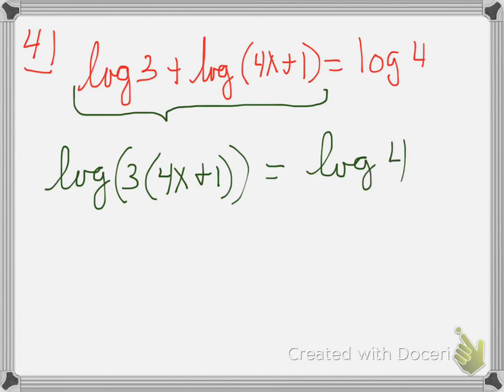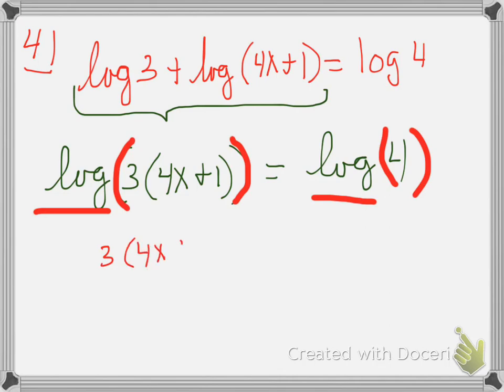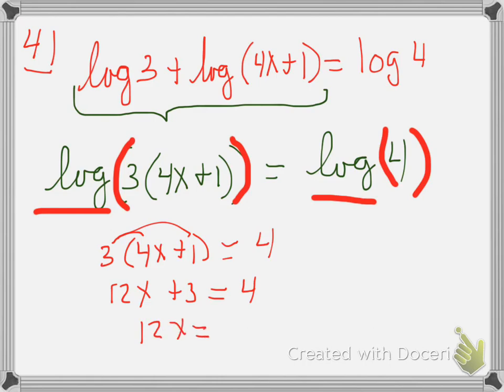Now, we have logarithms of the same base on each side, and that means that what's inside each of the logarithms has to be equal. So, that tells me that 3 times 4x plus 1 must equal 4. I can do the distribution here, and I get 12x plus 3 equals 4. So then 12x equals 1, or x equals 1/12.